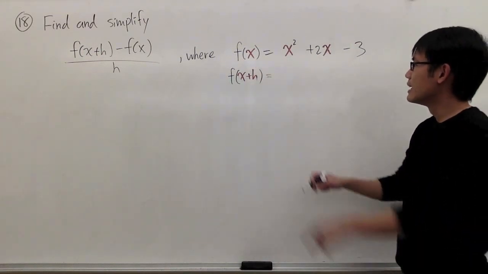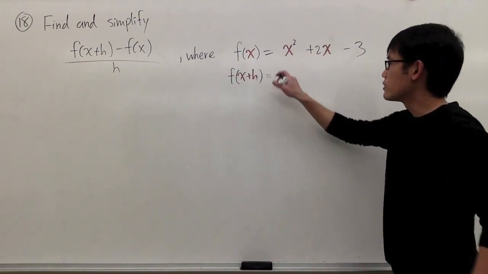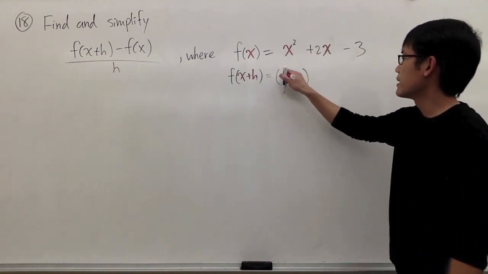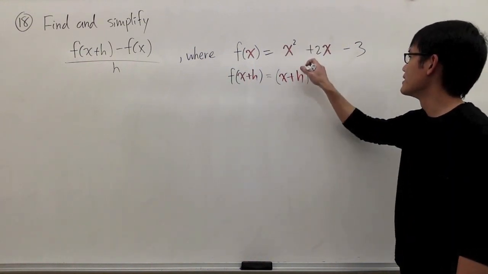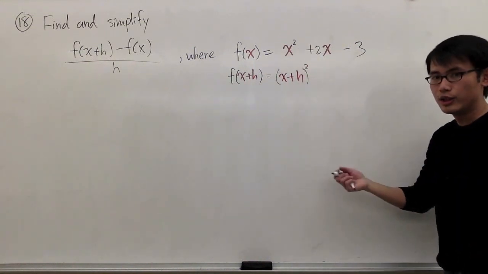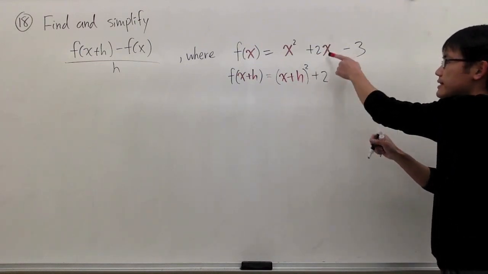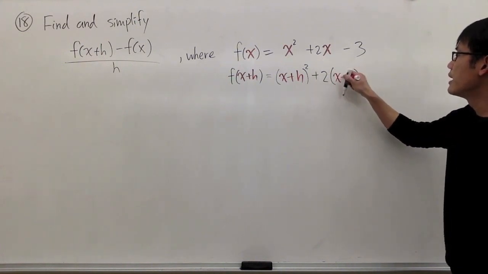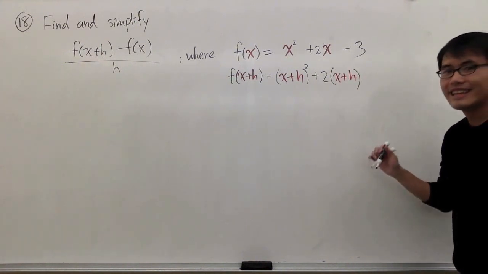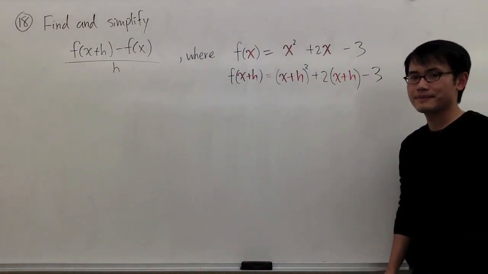I see the x right here. I will first open the parentheses and then plug in x plus h inside the parentheses, to the second power. Continuing, I will have plus 2, and I see the x again. I open the parentheses, I put in x plus h. And we also have the minus 3 all the way in the back.